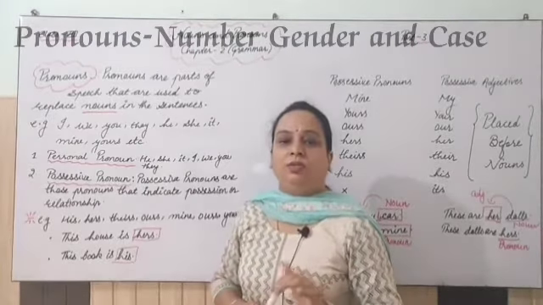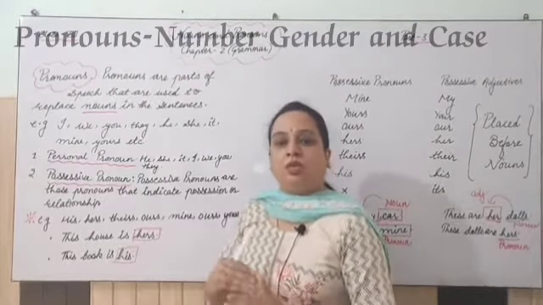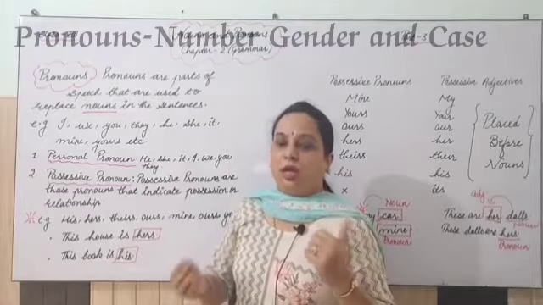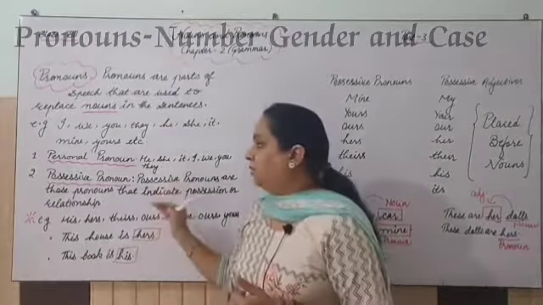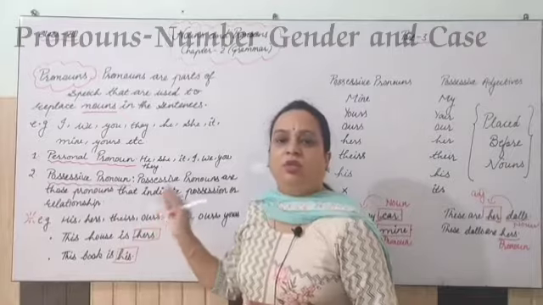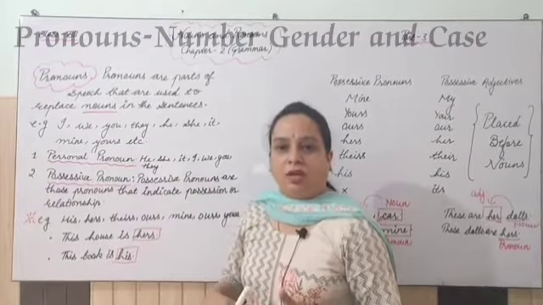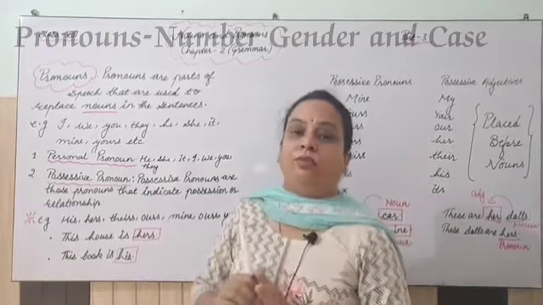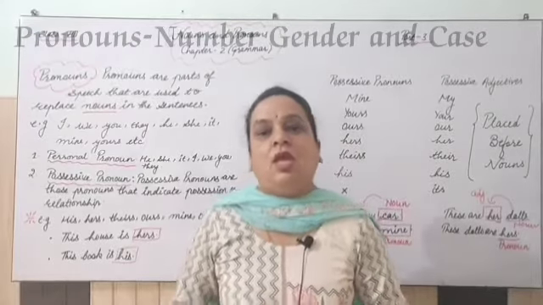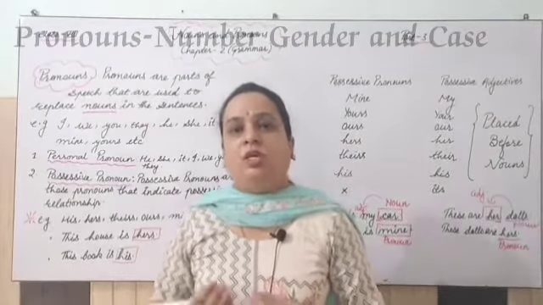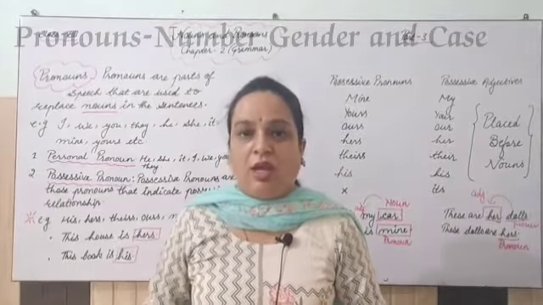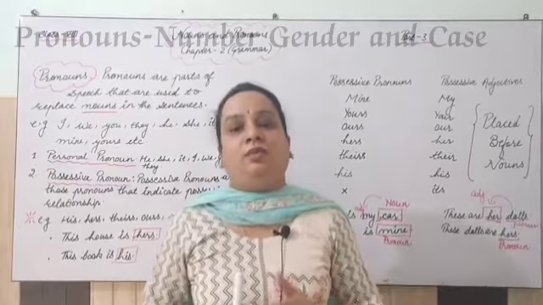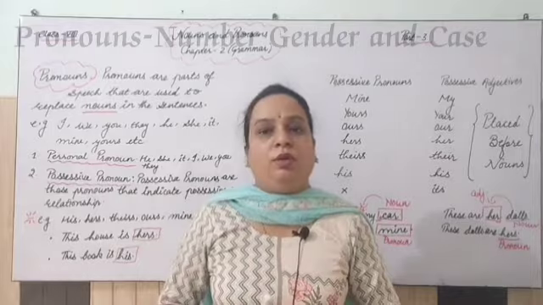After that we learned first person, second person and third person in both cases, in singular and plural forms. Then we did the possessive pronoun: the words which show relationship or ownership are known as possessive pronouns. And then we learned the very important difference, how to identify pronouns in sentences. If you get confused and there is a noun after the word, it will act as an adjective. So I hope you understood this well.